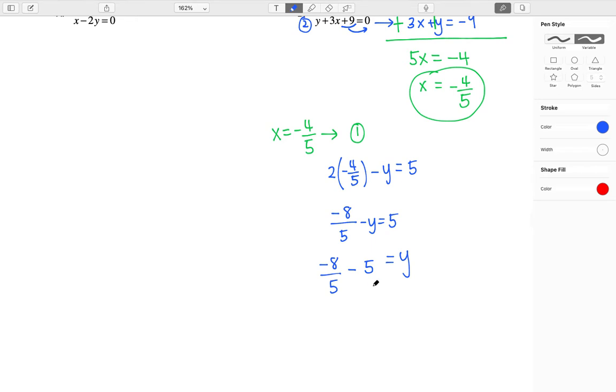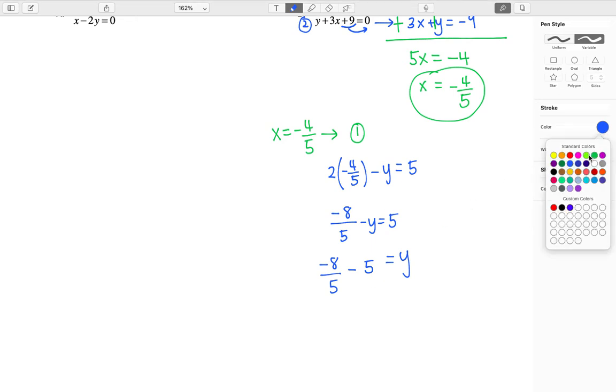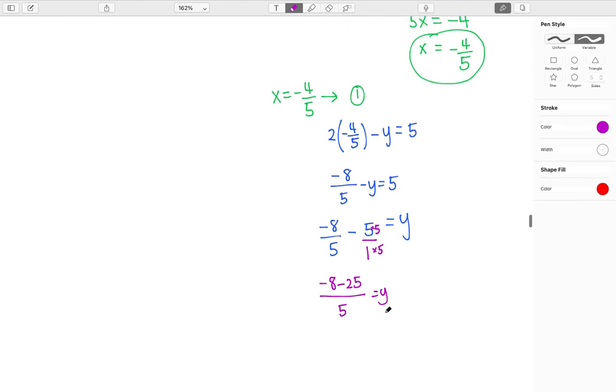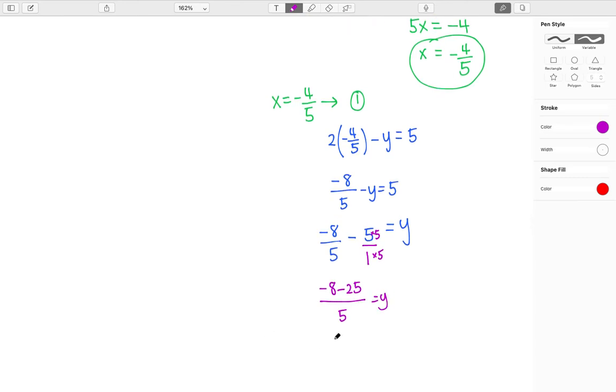And then when you punch it in, or you can make a same denominator if you want to do mental math. So I'm going to do over 1, so I'm going to multiply this by 5. So it's negative 8 minus 25 over 5 equals y. So therefore, y is equal to negative 33 over 5. There you have it.